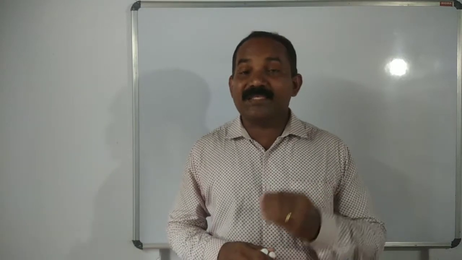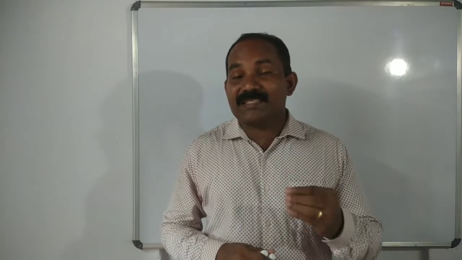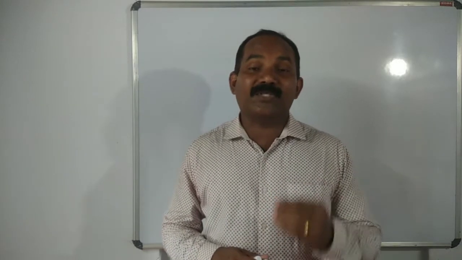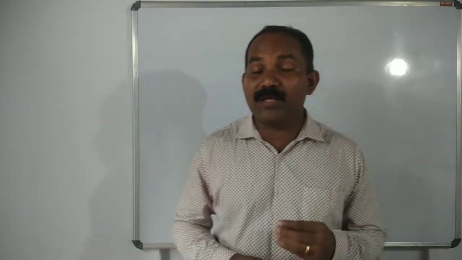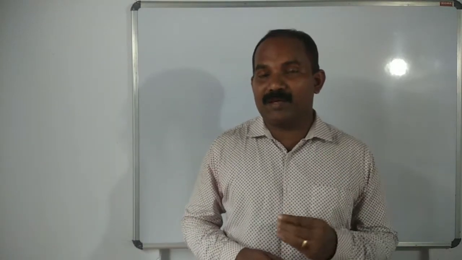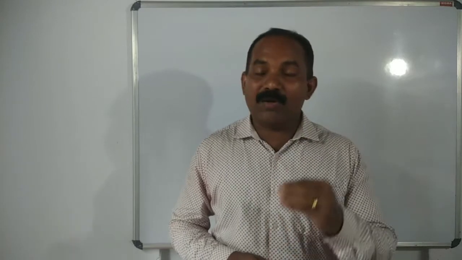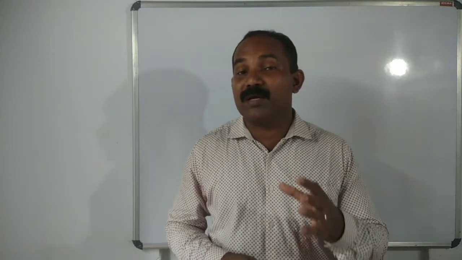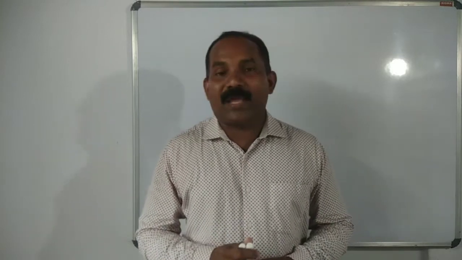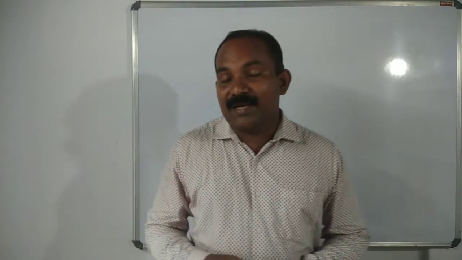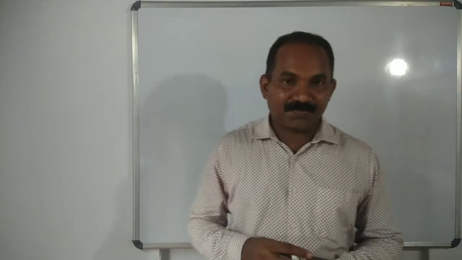In this section we are discussing compounds which contain polyfunctional groups. What do we mean by poly? Poly means many, two or more than two, so such compounds are called polyfunctional. Okay, let's discuss some points.